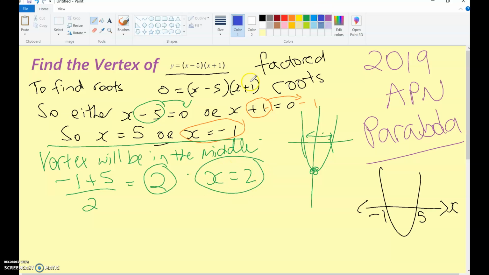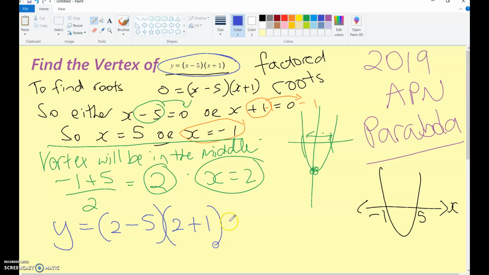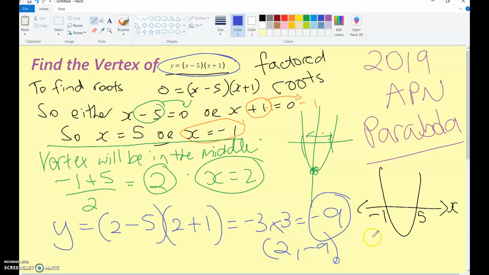How do we find the y? We go back to this equation. So y equals 2 minus 5 times 2 plus 1, which equals negative 3 times 3, which equals negative 9. So let's just have a look at what that means. That means the x coordinate is 2, the y coordinate is negative 9.